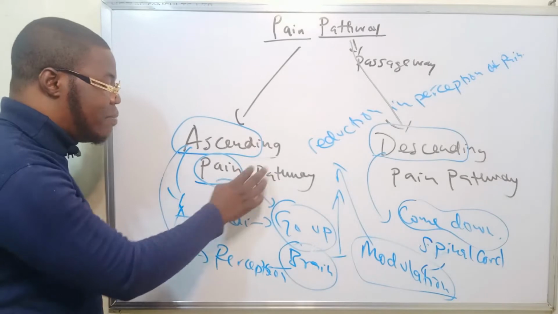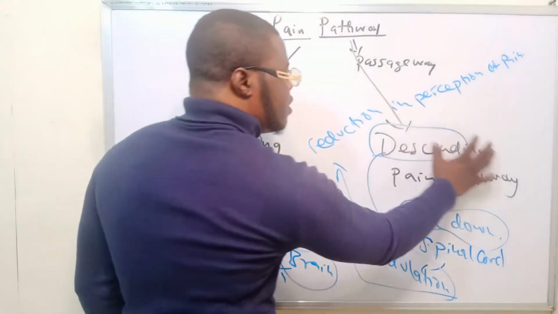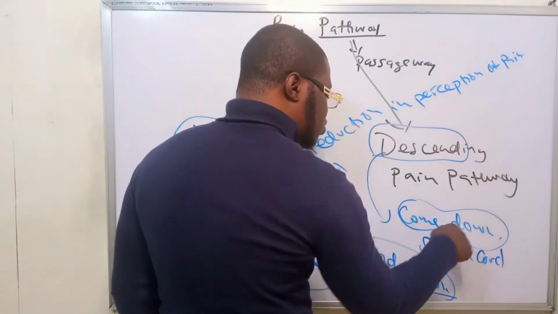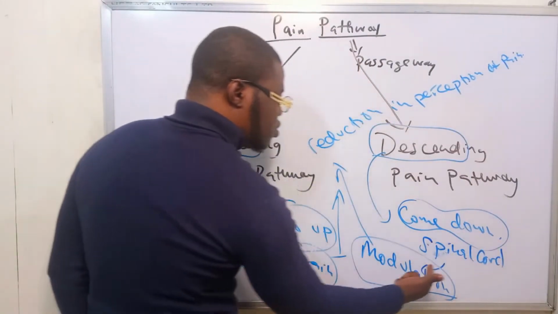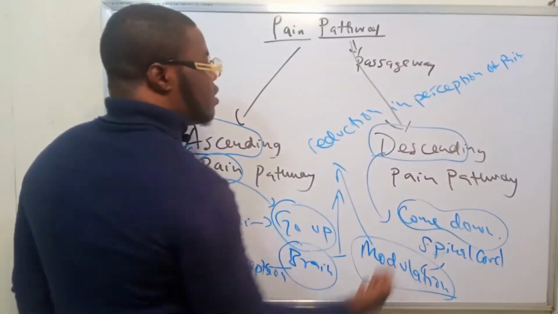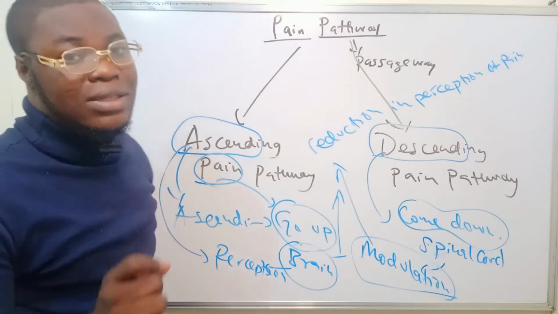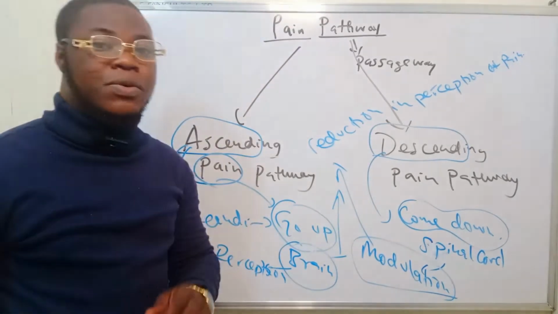So the function of the ascending pathway is the perception of pain. The descending pathway, which means to go down, comes back into the spinal cord, and its function is to modulate the pain. Modulate means to reduce the perception, so reduction of perception of pain. Now, let's get started with the ascending pathway. I'll be right back.